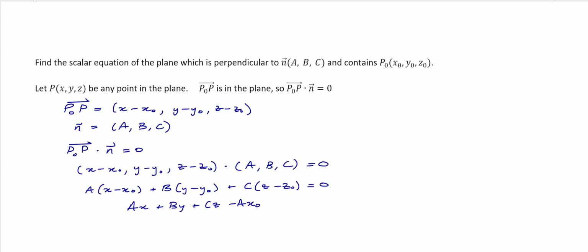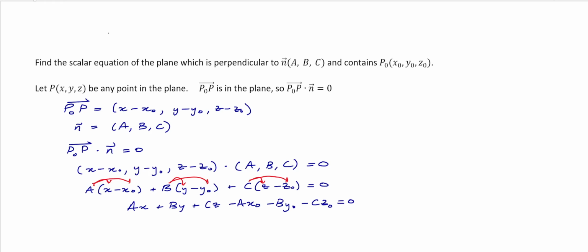So recall that I'm expanding all of these coefficients into the brackets, and that's where I got my ax, my by, and my cz. But now I have to deal with the negative ax naught, negative by naught, and negative cz naught, and that must equal 0.